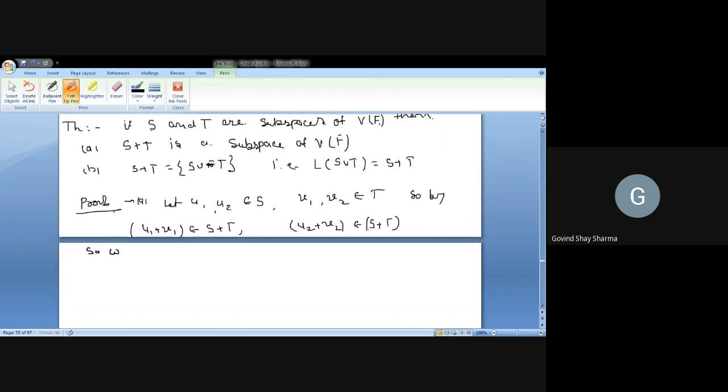So we take alpha, beta belongs to F. It is a subspace if alpha u plus beta v belongs to S plus T. We put alpha times the first element u1 plus v1, plus beta times u2 plus v2.